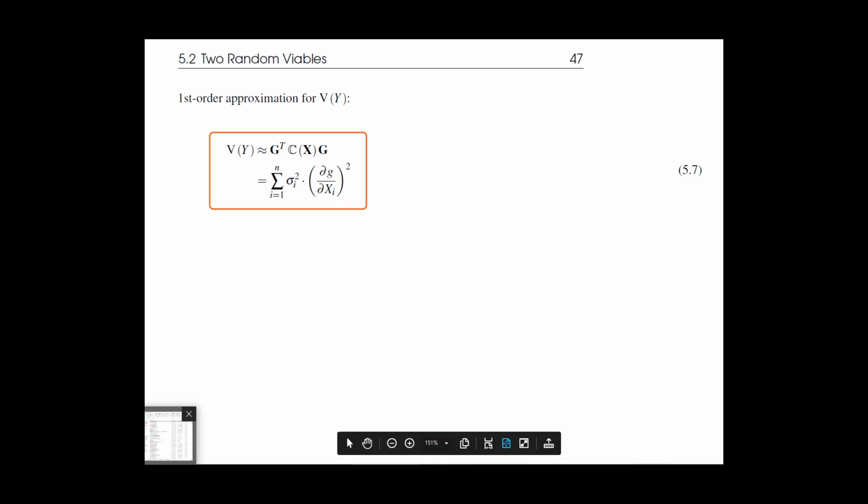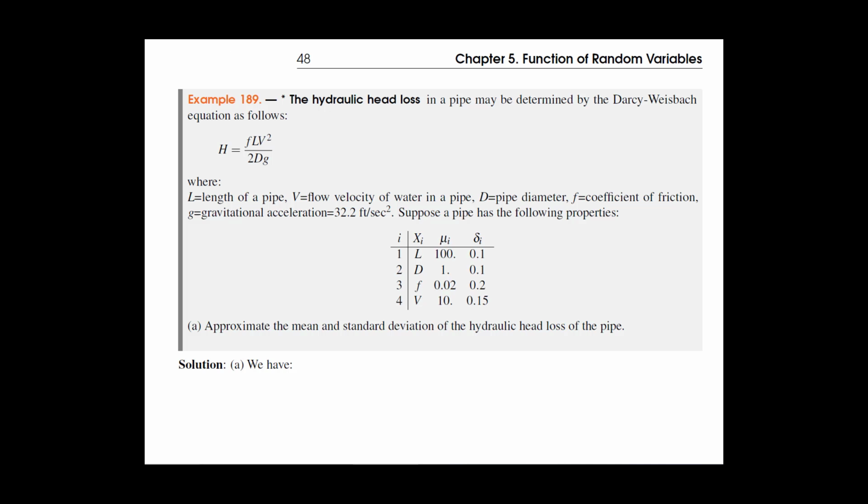All right, let's do an example. This can get a bit tedious. Tedious is the word. Here we have this relationship between random variables.